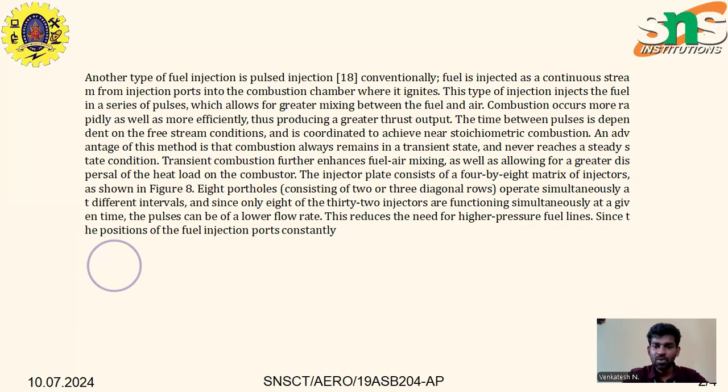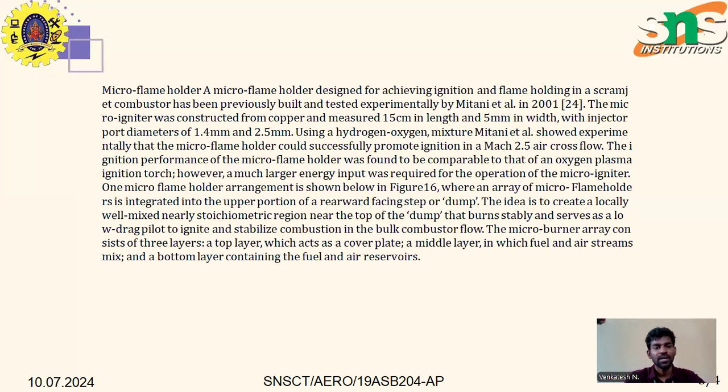The 8 ports operate simultaneously at different intervals, and since only 8 of the 32 injectors are functioning at a given time, the pulses can be of a lower flow rate. This reduces the need for higher pressure fuel lines.